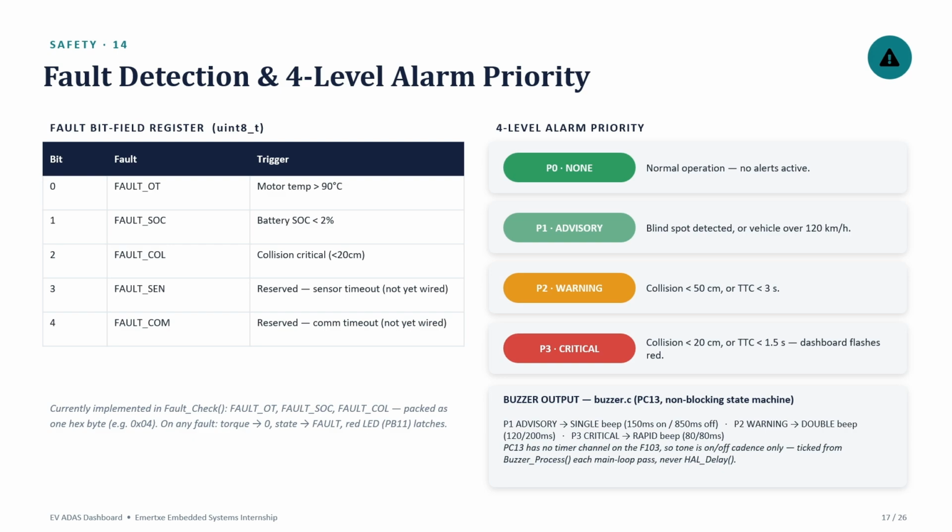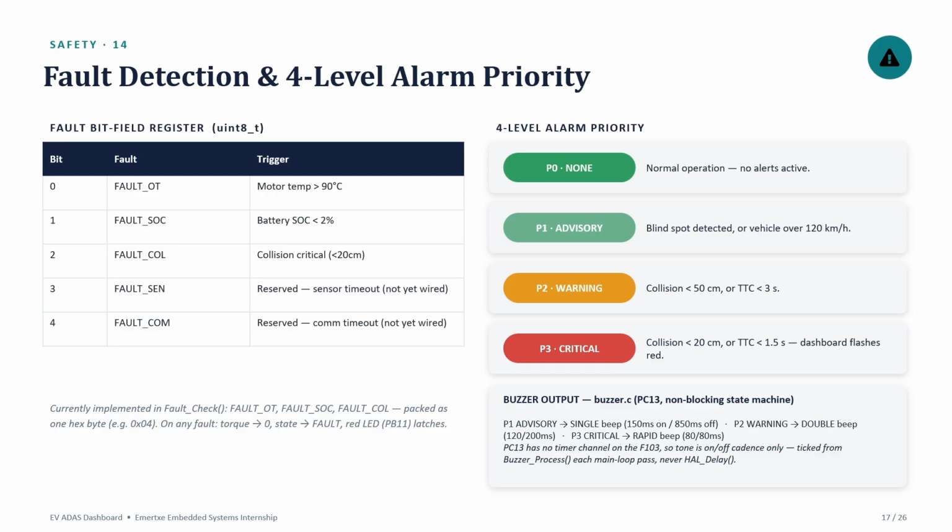We have designed the alarm system in four levels of priority. The first level is none, P0, which means no critical conditions have arrived and the car is working in a completely normal state.